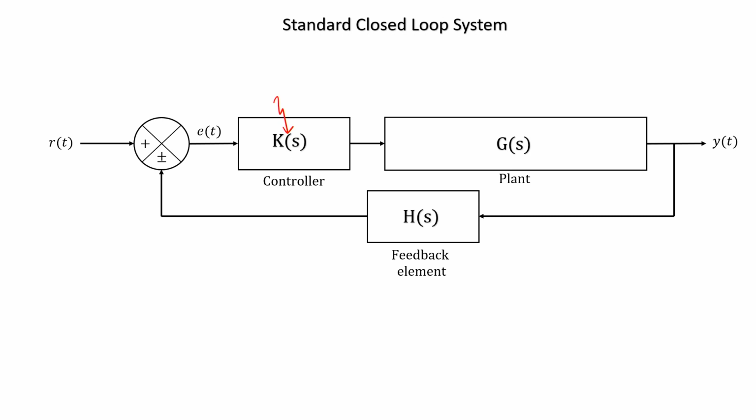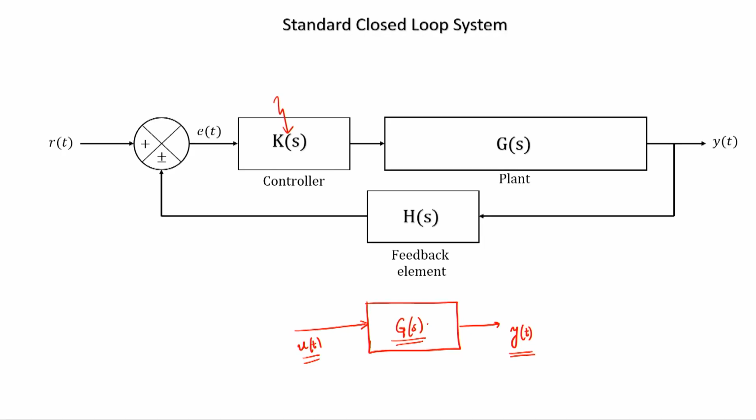In general, the system without any feedback is simply u of t and y of t. Till now we have learned how to find G(s) and all that. We already know that y(t) and u(t) are related by G(s), that is, y equals G into u.